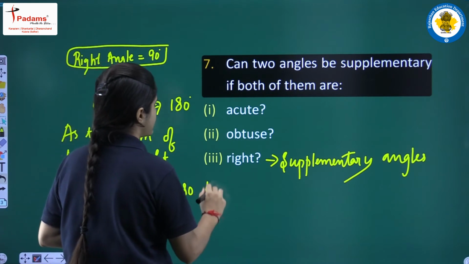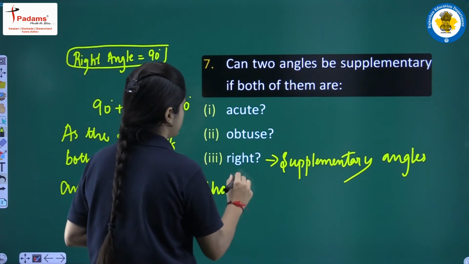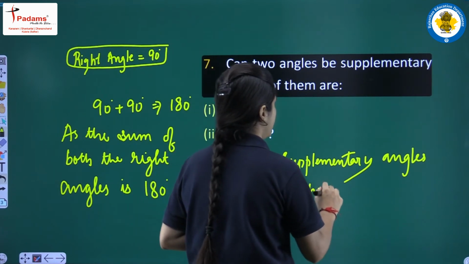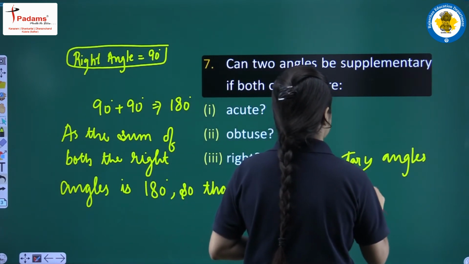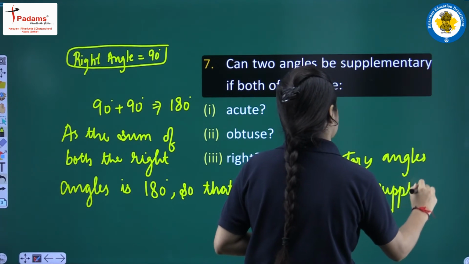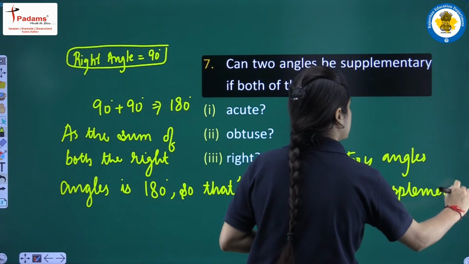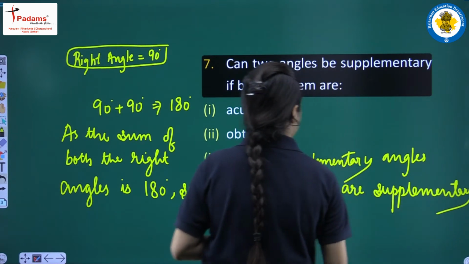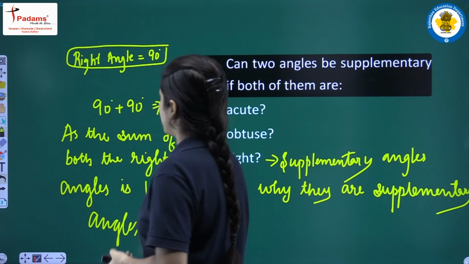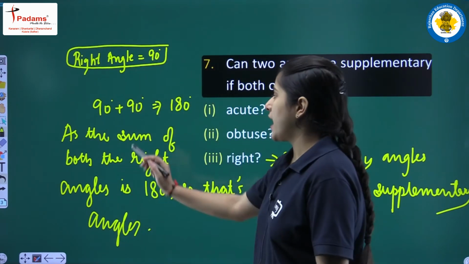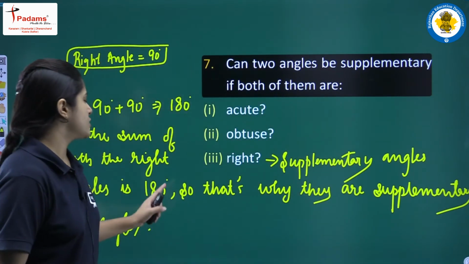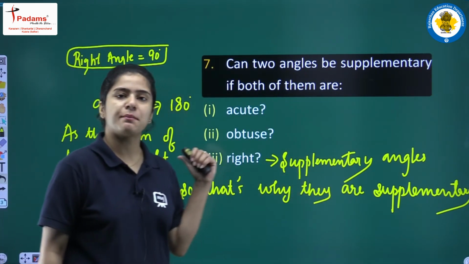So that is why they are supplementary angles. Okay, students, have a look. As the sum of both the right angles is 180 degrees, that's why they are supplementary angles.